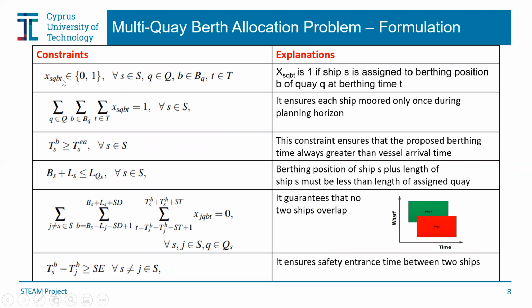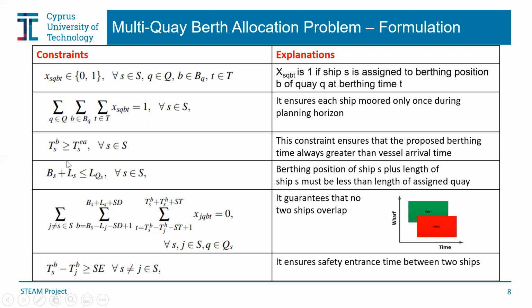This variable is one if ship S is assigned to berthing position B of Q at berthing time T. The second constraint ensures each ship berths only once during the planning horizon.